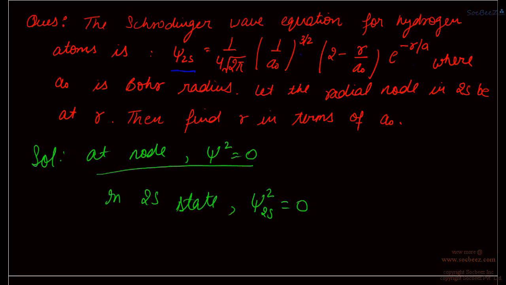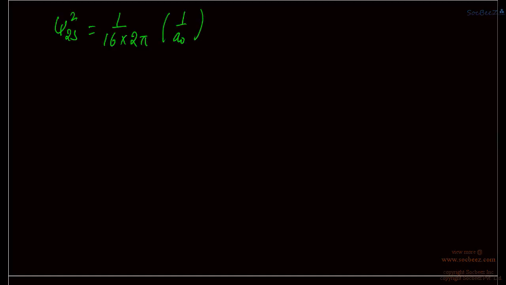Now psi 2s is 1 upon 4 under root 2 pi, 1 upon a naught to the power 3 by 2, 2 minus r upon a naught, e raised to the power minus r upon a naught. If we square it, then psi square 2s is 1 upon 16 into 2 pi, 1 upon a naught to the power 3, 2 minus r upon a naught whole square, into e raised to the power minus 2r upon a naught.